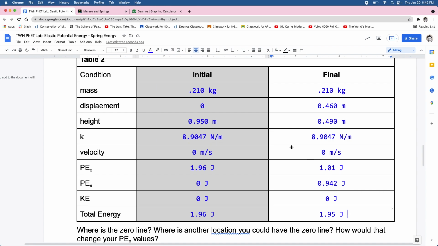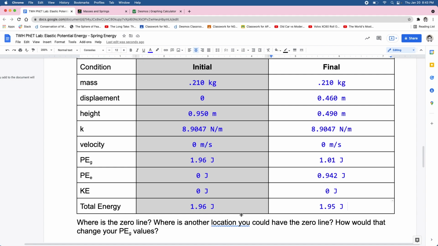So I started off with all my energy as potential energy due to gravity, and as the spring traveled down, it lost some of that potential energy due to gravity, but there was an increase in the spring's elastic potential energy. Okay, and so we did these calculations to confirm that the total energy stays the same.